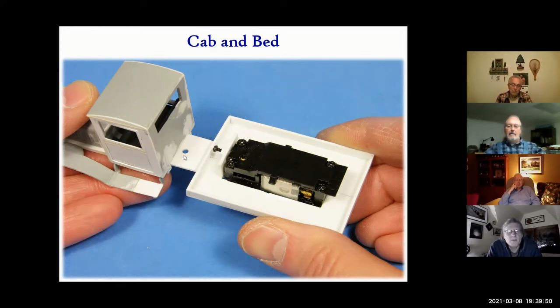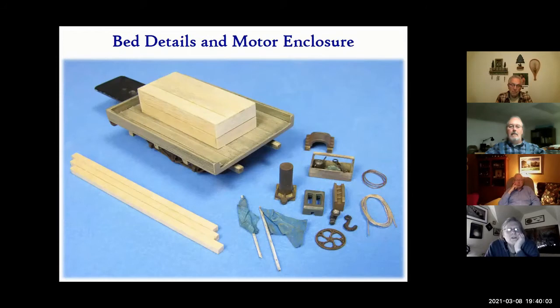The problem though is that this power truck stuck up quite high, and there's no real way to conceal it unless you were going to fully enclose the bed. And I really didn't want to do that with the superstructure. So I just built a crate around it with basswood to make it look like it was a big new crate, and then used the other detail, a scratch-built toolbox.